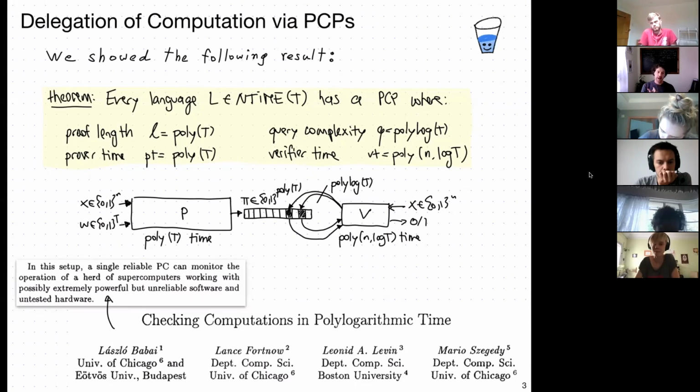It's quite amazing that this originated in the late 80s or the 90s, and it took more than 20 years until such systems were actually being deployed in practice. But the potential here is huge: the ability to do computation exponentially faster using the help of a prover.